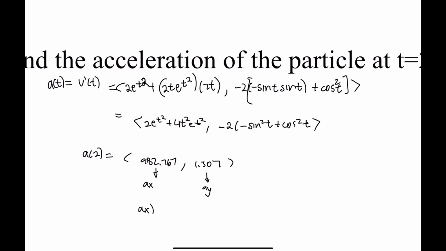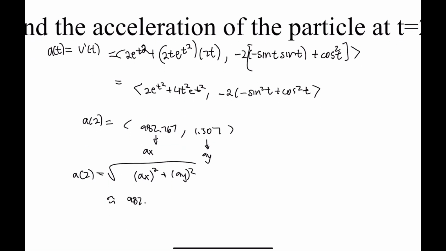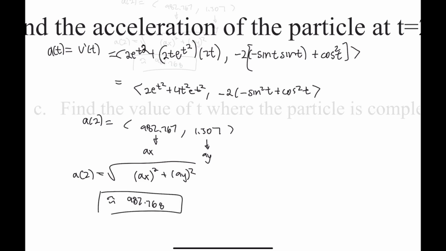So a of x squared plus a of y squared, and square root that would be the acceleration at 2, which means we're going to have to square, so we got 989.768. Okay, so here is the acceleration.